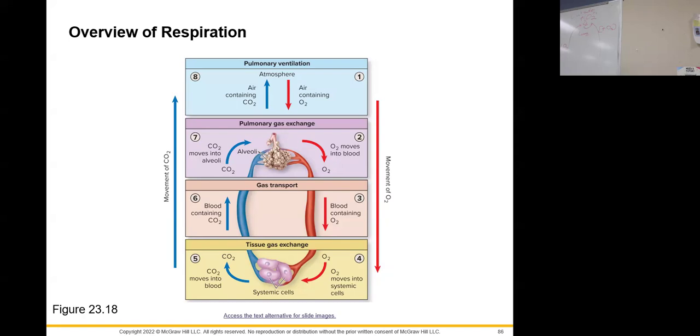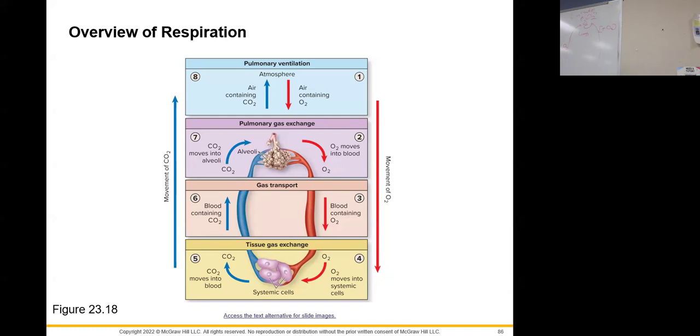That is our equation, right? You make CO2 as a byproduct of breaking down sugars and fats. You make ATP, you are going to produce CO2. Okay? So that means if we are doing that in our tissues, which we are, we're going to produce CO2. So we're going to have a high concentration of CO2.